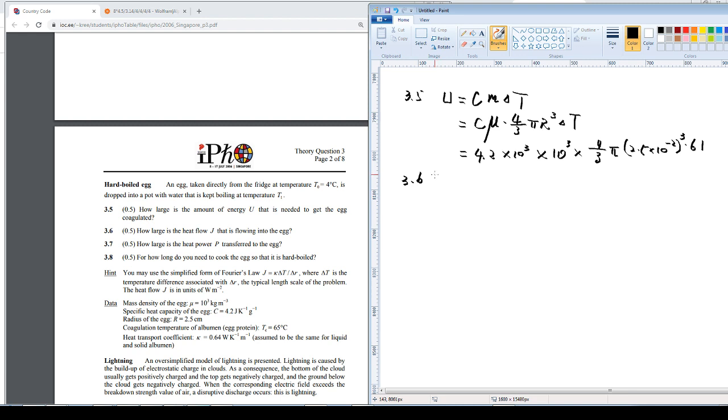So for 3.6, we will be using Fourier's law because the water is boiling at temperature T1.